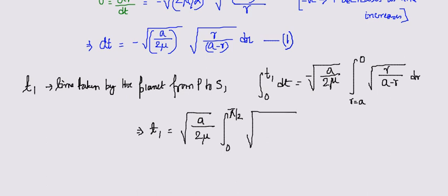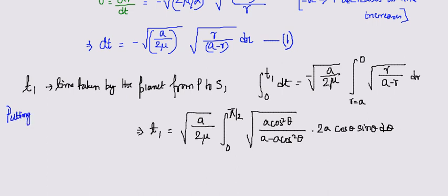So root over of r by a minus r is equal to a cos square theta by a minus a cos square theta, that is 2a cos theta sin theta d theta. So what we have done, we have taken that putting of r equal to a cos square theta.